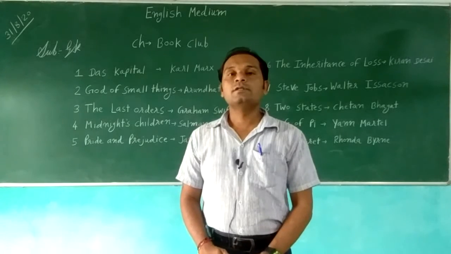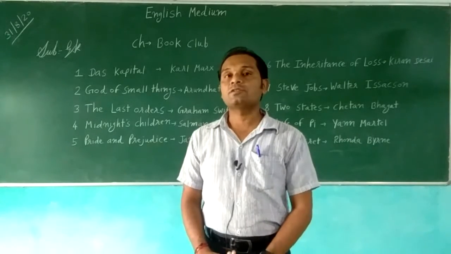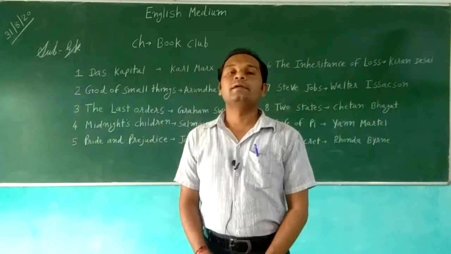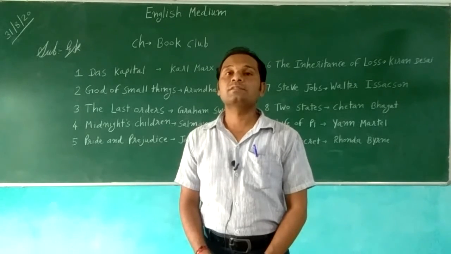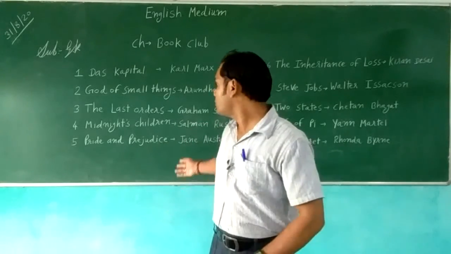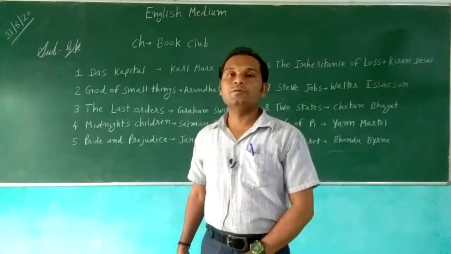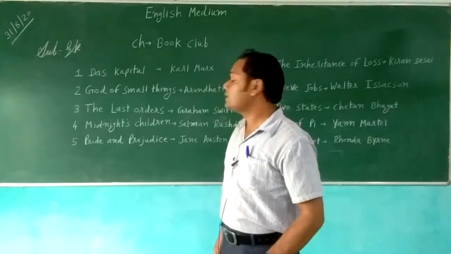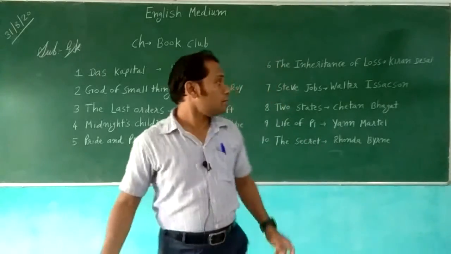In this book, Jane Austen has written about some pride in human beings, some prejudice, some wrong beliefs, and many things she mentioned in this book. So it is a wonderful book written by Jane Austen.